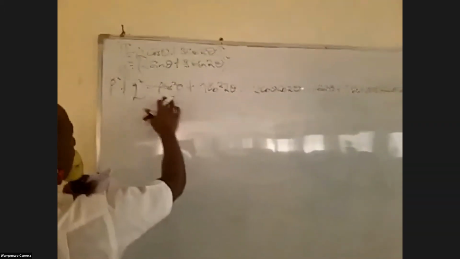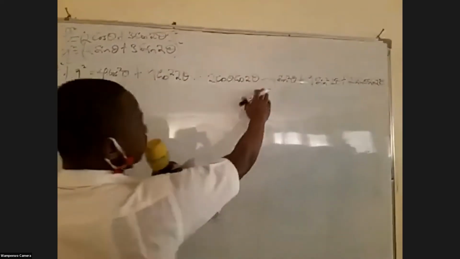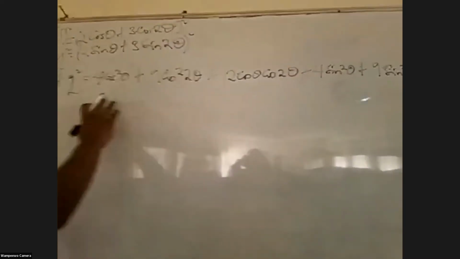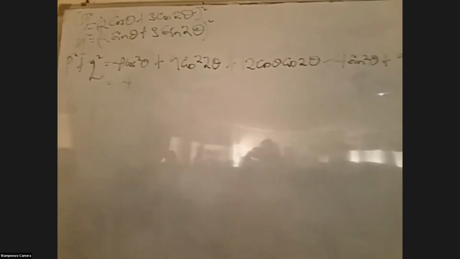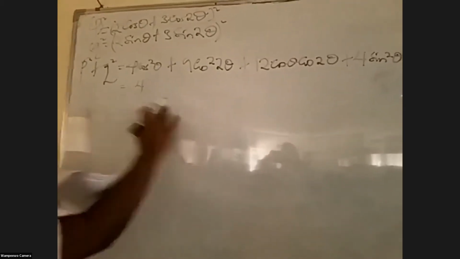Simplifying further, I have 4 cos squared theta plus sine squared theta. I can factorize out the 4, and I'll remain with 4 into sine squared theta plus cos squared theta. But sine squared theta plus cos squared theta is 1, so I'll remain with the 4 there.